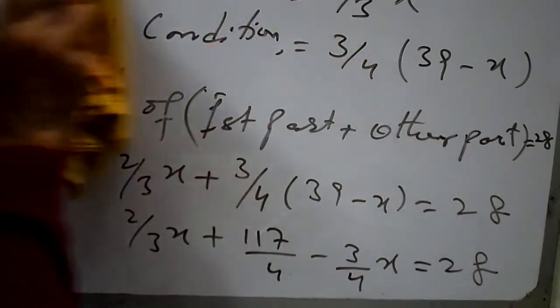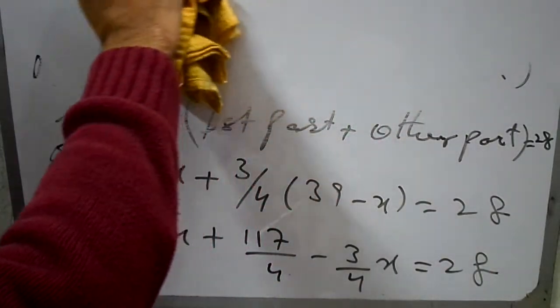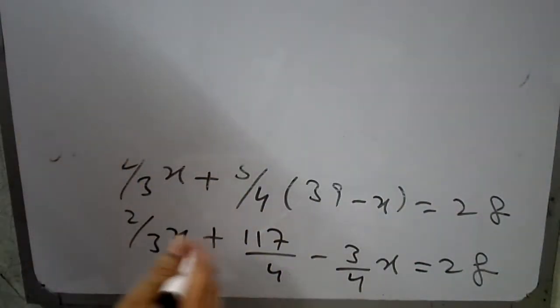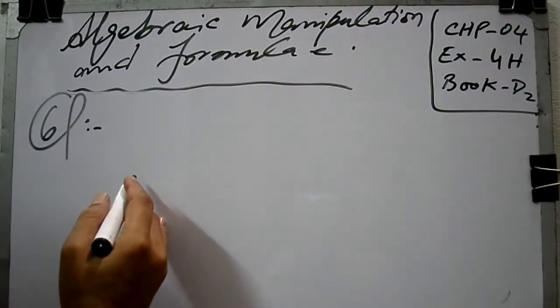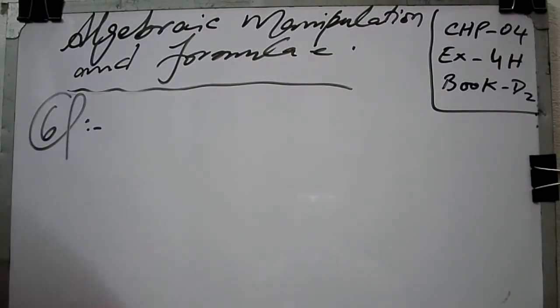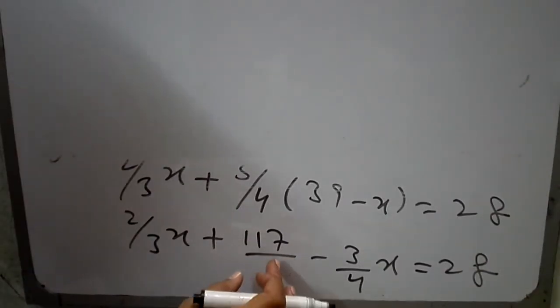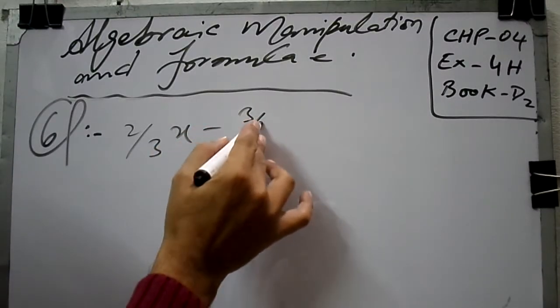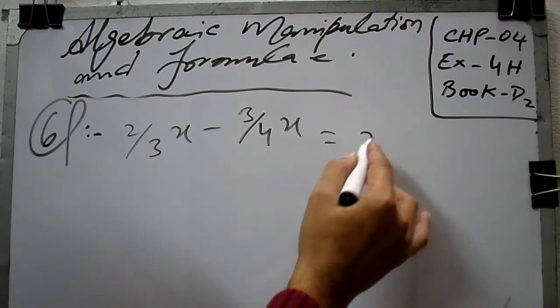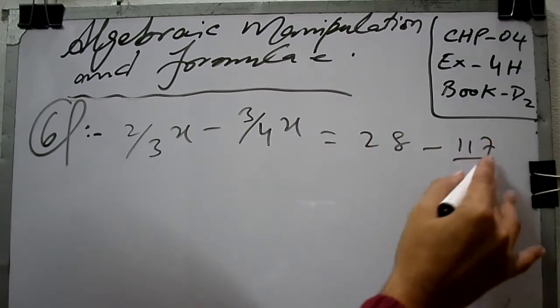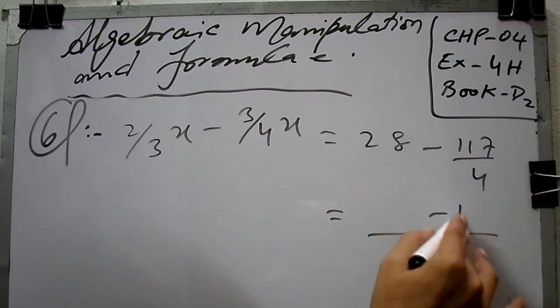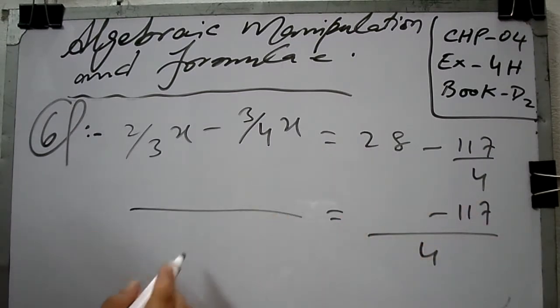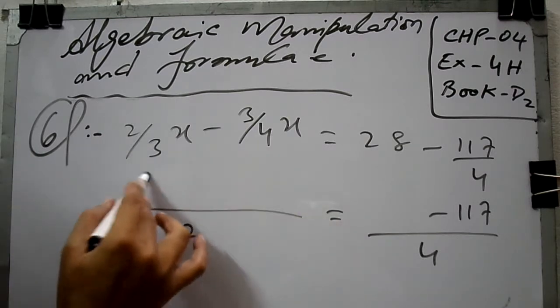By further simplification, similar terms will be shifted to one side and the constant term to the other side, so minus 117 by 4. Now you can take the LCM 4, that is 28 multiplied by 4, and here the LCM is 12.